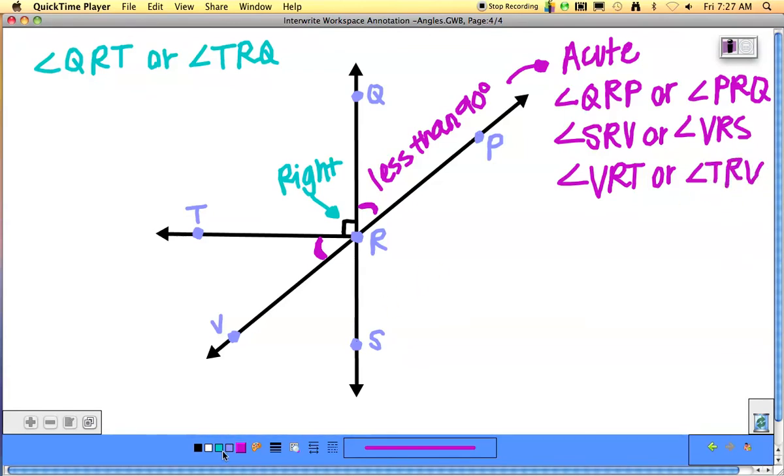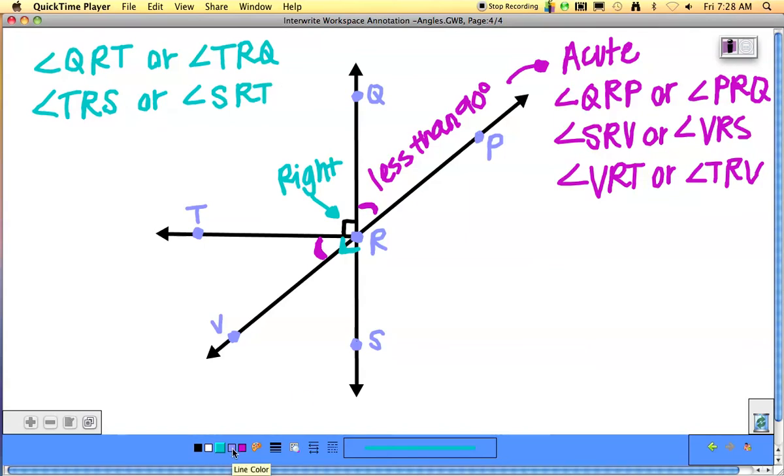A few of you may notice that if I look at this angle, it's also making a right angle. You can also name that angle T, R, and S. So I'm going to go ahead and add that to my right angles. I can name that as T or S, or angle SRT.